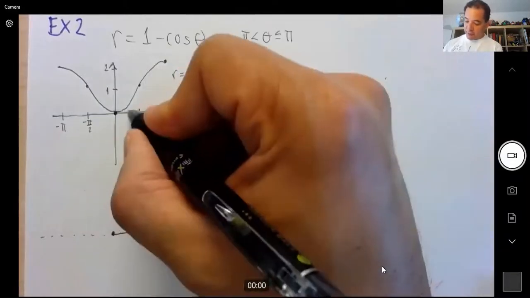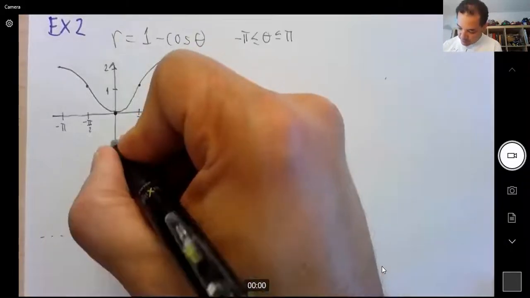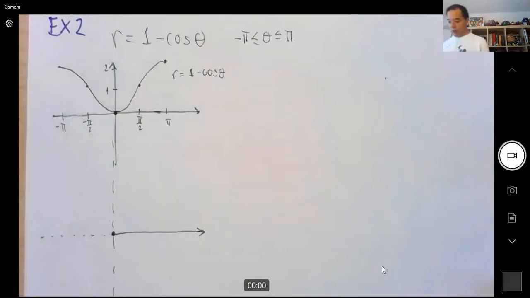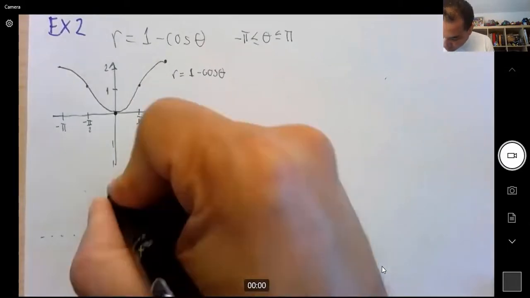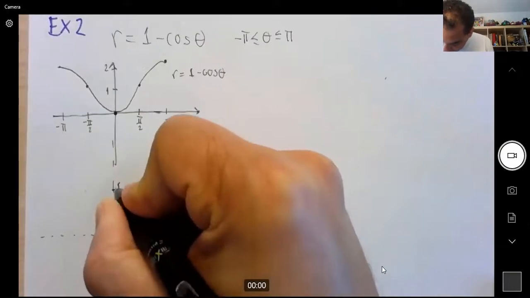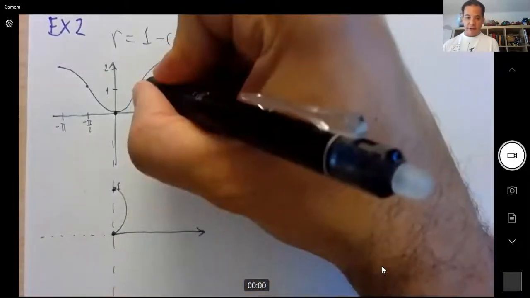Then from 0 to pi over 2, it grows all the way to 1, like this, right? Growing, growing, growing till it reaches 1. We're right here.